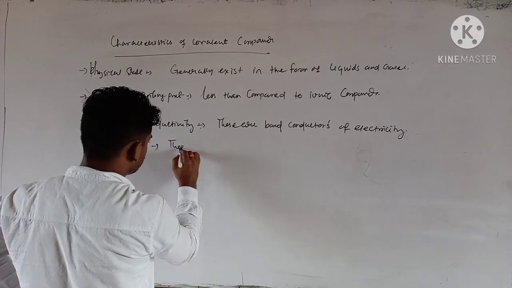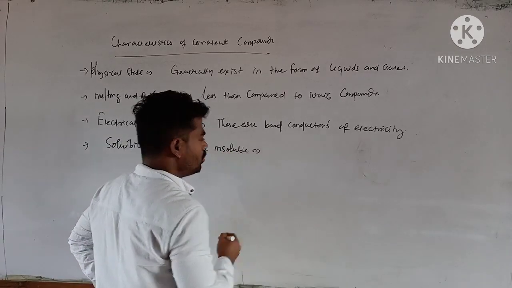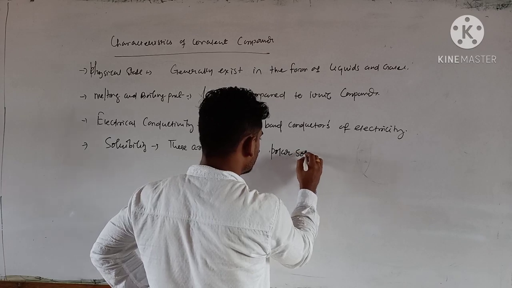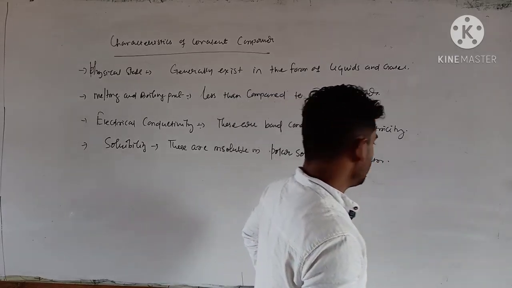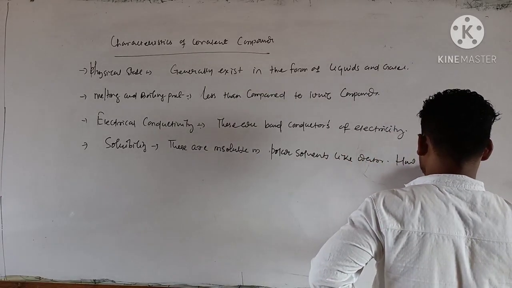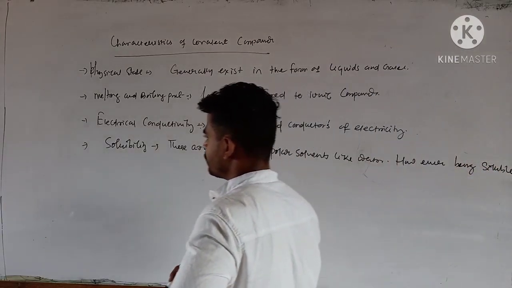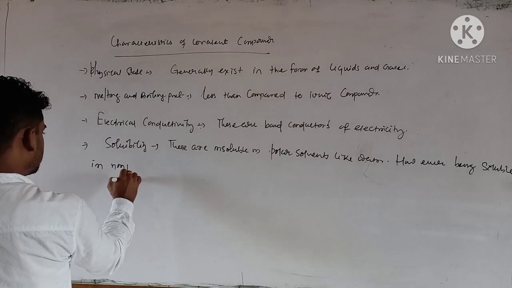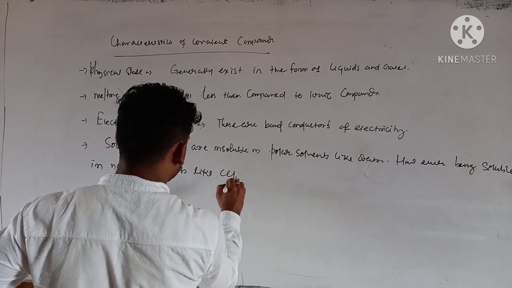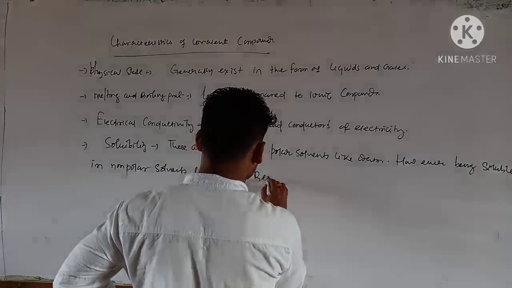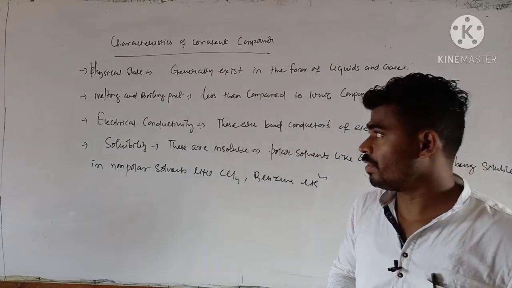These are insoluble in polar solvents like water. However, they are soluble in non-polar solvents like carbon tetrachloride, benzene, etc. So these are a few characteristics of a covalent compound.